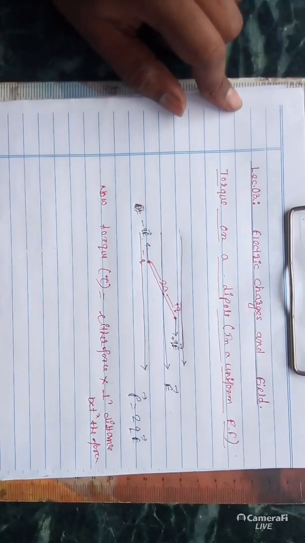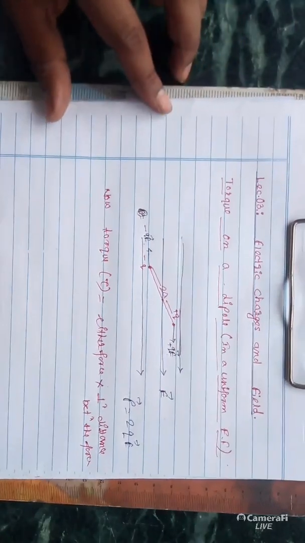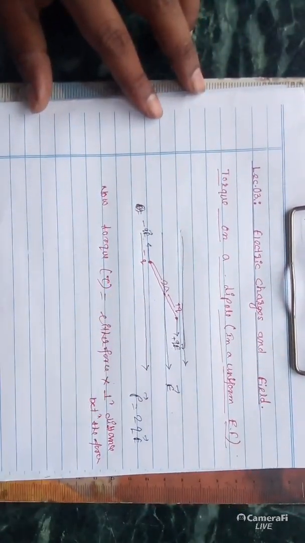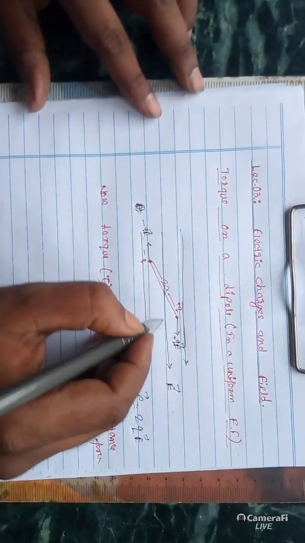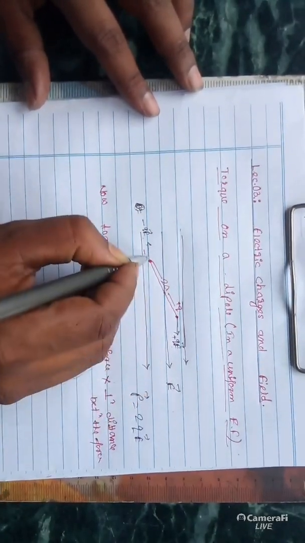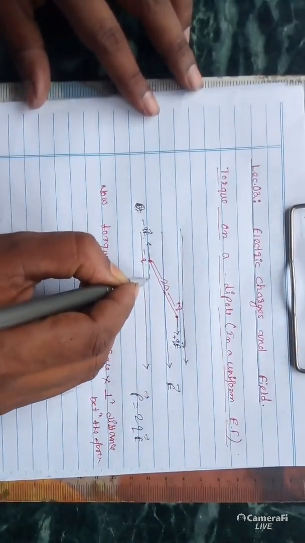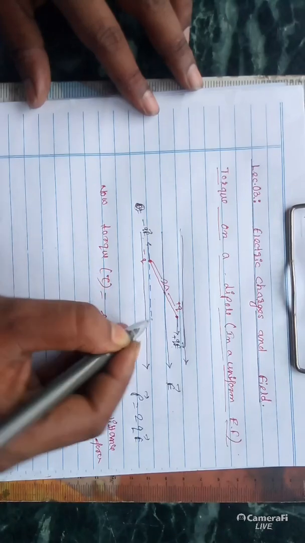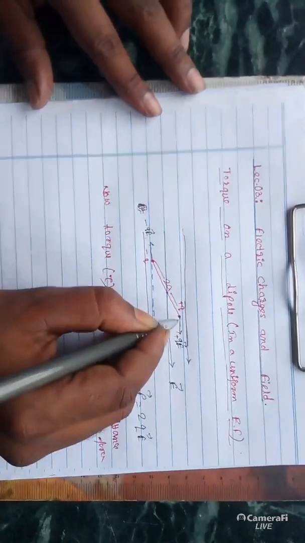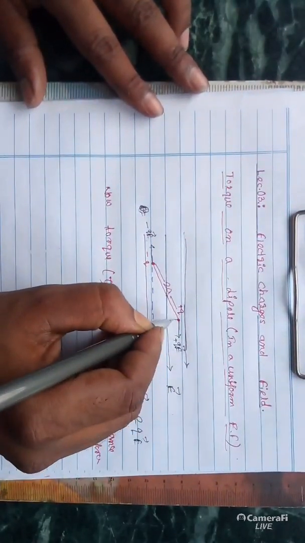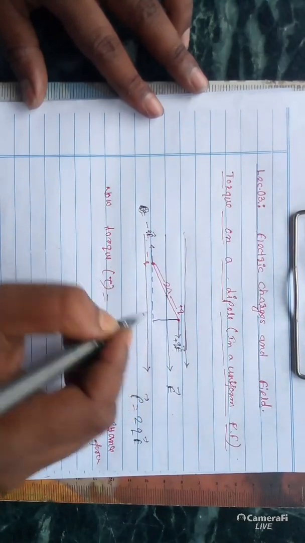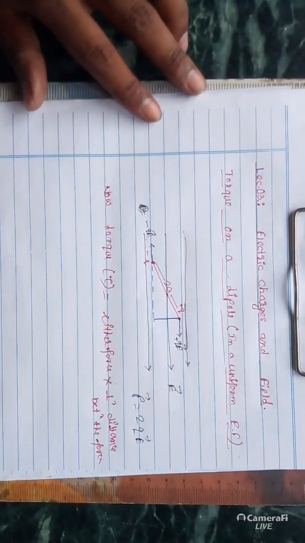What is the perpendicular distance between the forces? Notice here, the force is acting along this, and here the force is acting along this. If we draw a straight line along this, this force will act along this direction and this force along this direction. So the perpendicular direction is this one. This is the perpendicular distance.